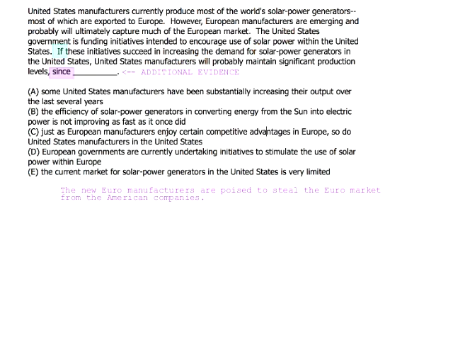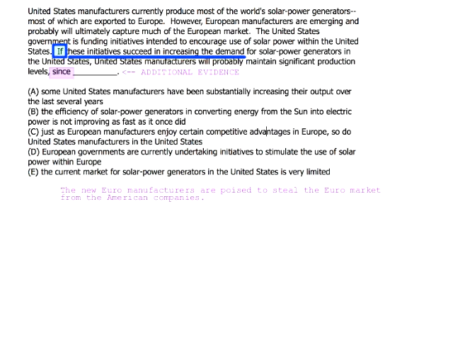Now, when you have this statement that starts with if, you got to know how this works. If these initiatives succeed in increasing demand, okay, what this means is that you only consider the situation in which this happens. So you take this as a given. Let me give you an analogy. I'm very, very unlikely to pack up and move to Tokyo tomorrow.